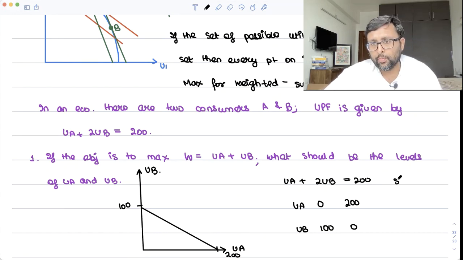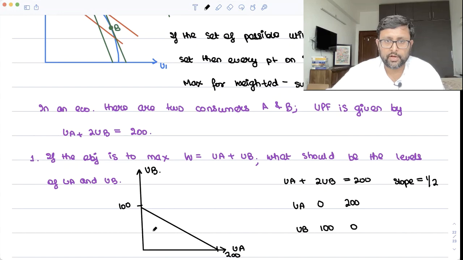And what is the slope? It is equal to half for this utility possibility frontier. Now you look at the welfare function, UA plus UB. What is the slope of the welfare function? 1.